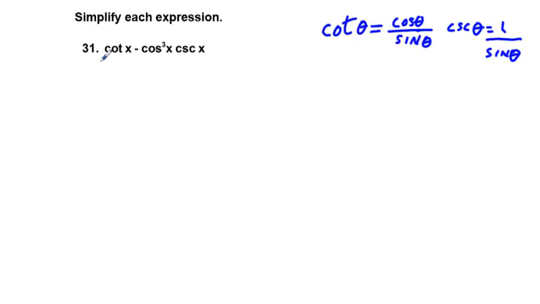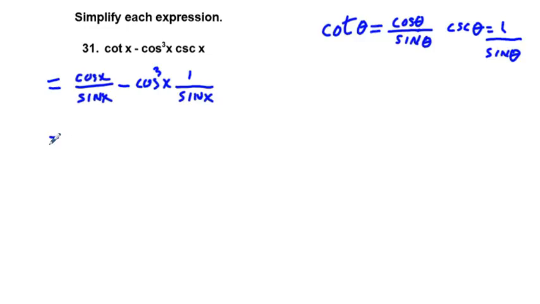So let's go ahead and rewrite this cotangent x as cosine x over sine x, and then we have minus cosine cubed x, and we're going to rewrite this cosecant x as 1 over sine x.